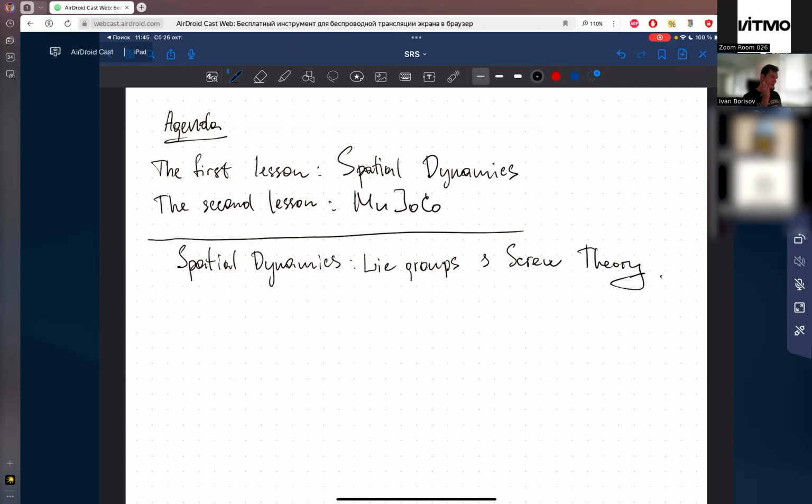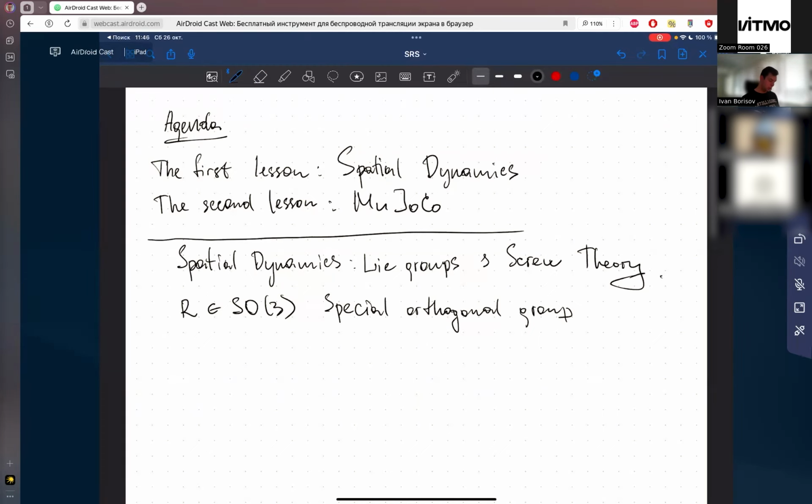So we covered something which is called R, the rotation matrix, that belongs to something which is called SO(3), the special orthogonal group, and we use R to describe orientation of a rigid body in 3D space.